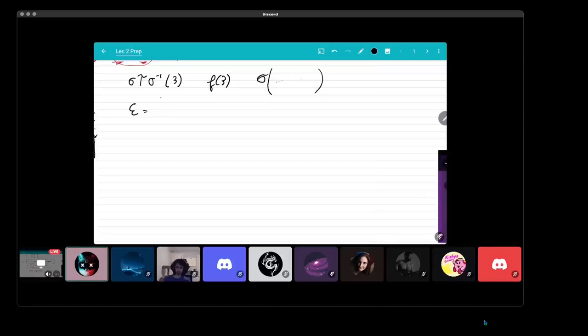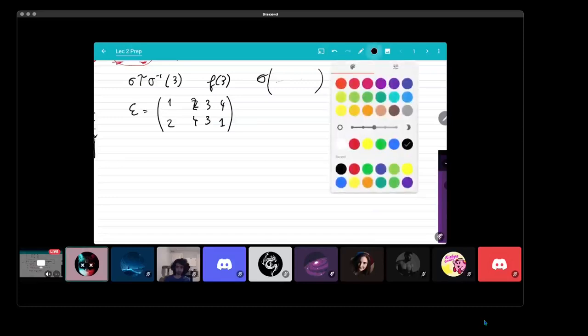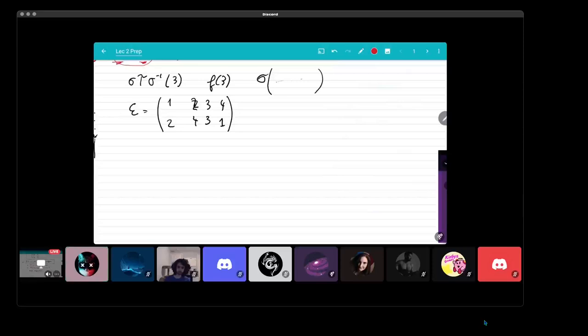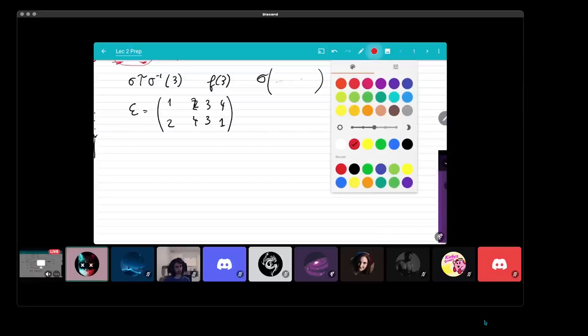The signature assigns to a permutation, say we had 2, 4, 3, we can count the number of times that integers are swapped places from left to right.